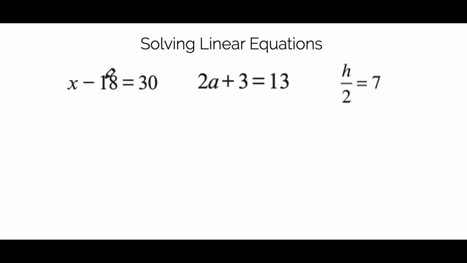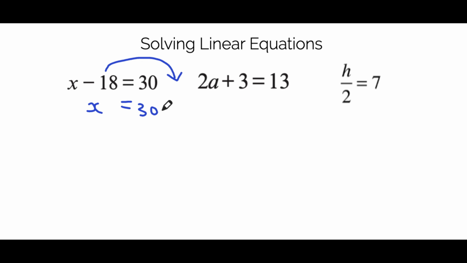So if we're trying to do this sum, we're trying to find x. So the first step that we do is that we take this number onto this side of the equal sign. So the equal sign stays there. What is remaining here is the x. And then on this side, what was already there was the 30, but the difference becomes this was negative 18.